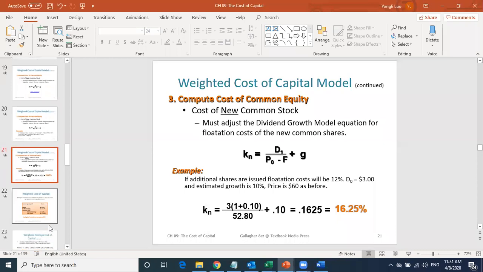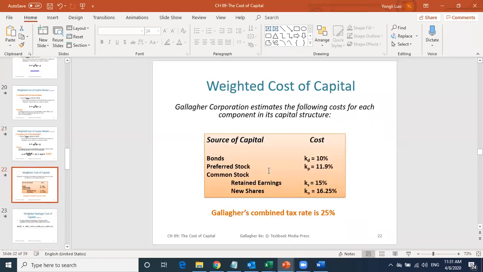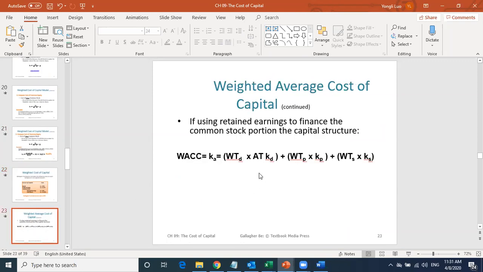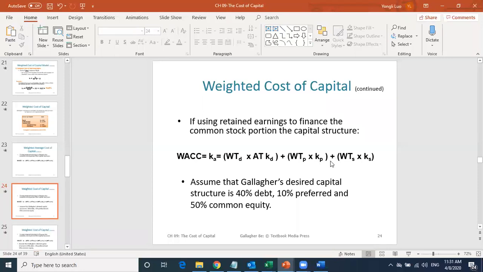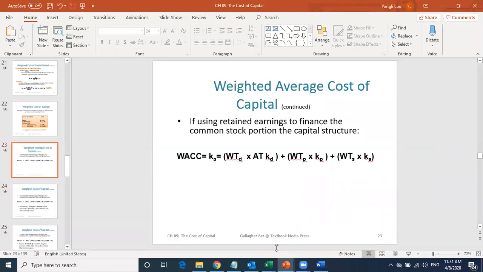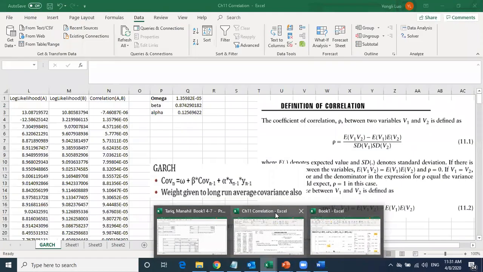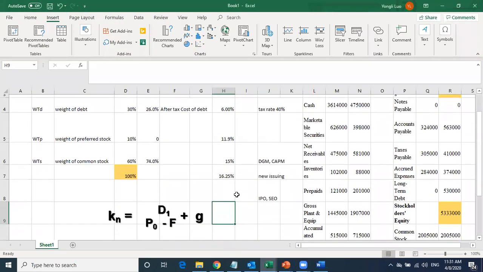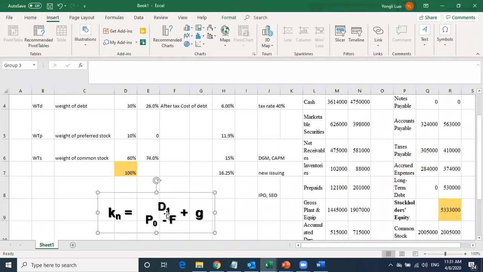Once you have the cost and you have the weight, you put them in the formula called weighted average cost of capital. Remember last time we talked about how you get the weighted average cost of capital?